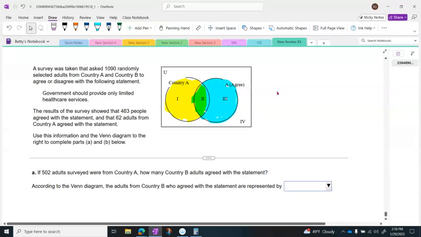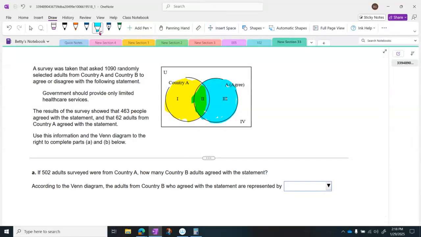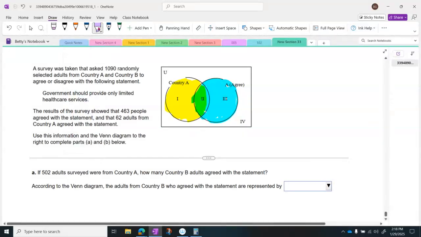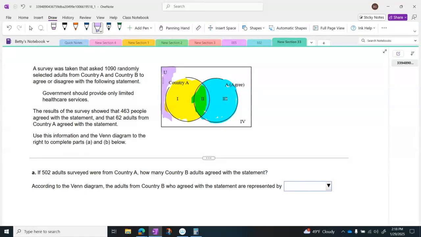Okay, one more color. I want to use probably purple. This region, inside the box, but outside the 2 circles, that's the purple region, or region 4.